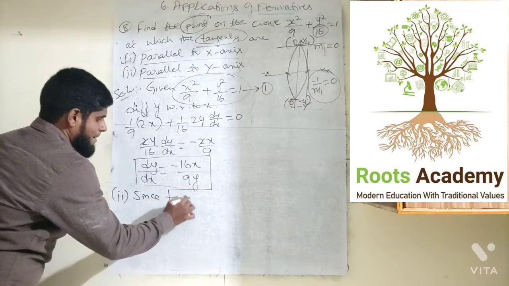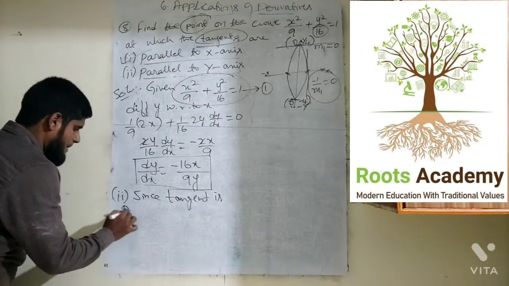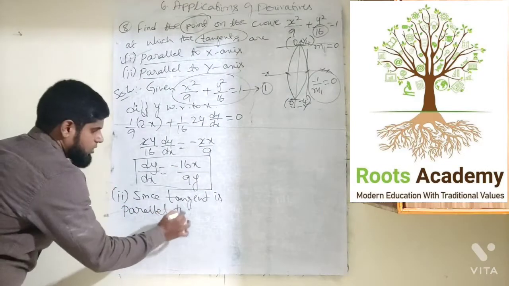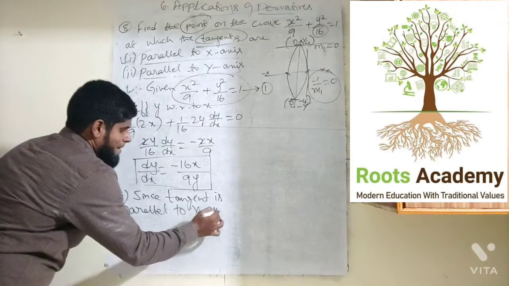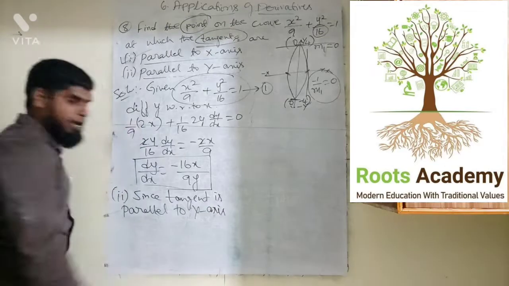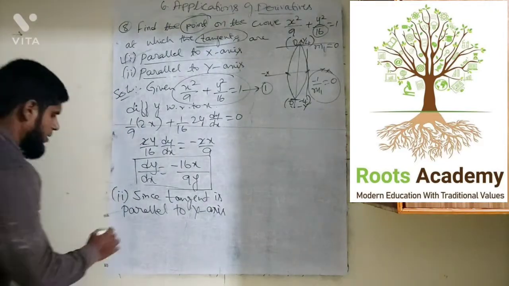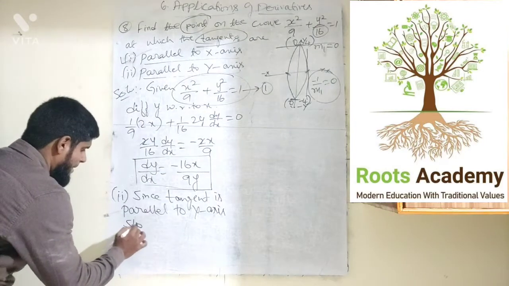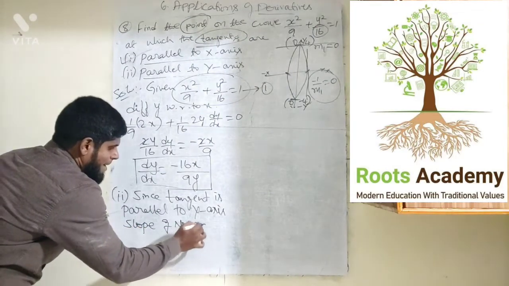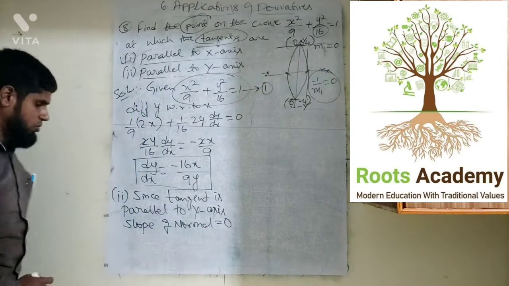Since tangent is parallel to y-axis, slope of normal is equal to 0.